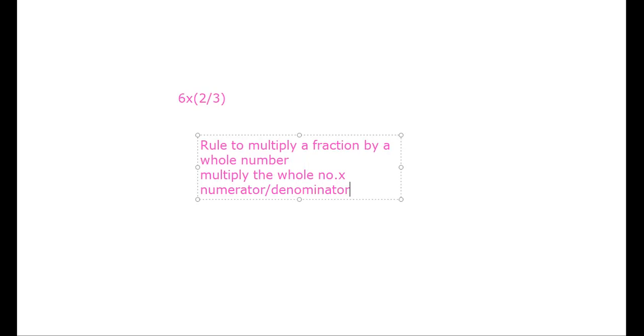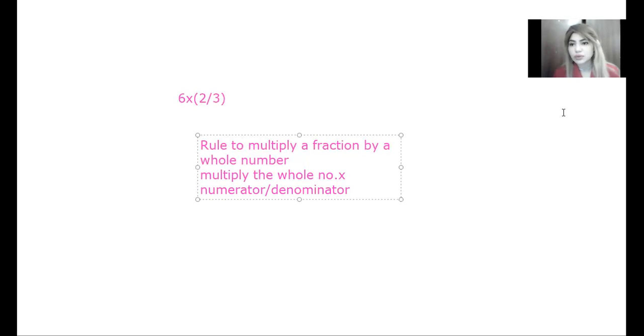Okay. So in this case, I want to make sure that all of you know the numerator and the denominator. What is the numerator? The numerator is in the upper side of the fraction. Then the denominator is in the lower side of the fraction. So numerator divided by the denominator. What is the whole number here? The whole number is 6.